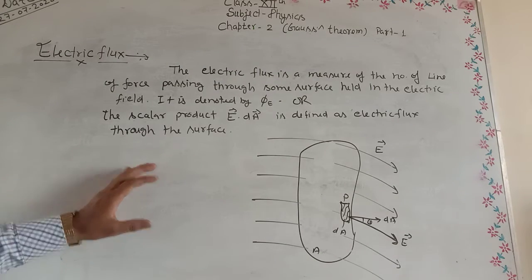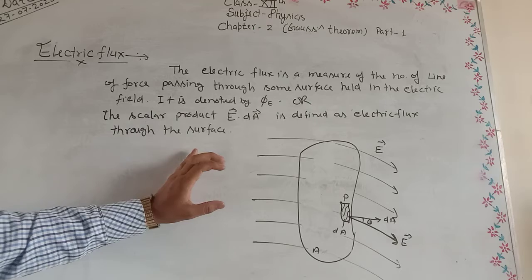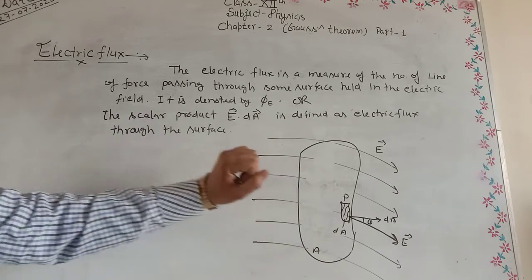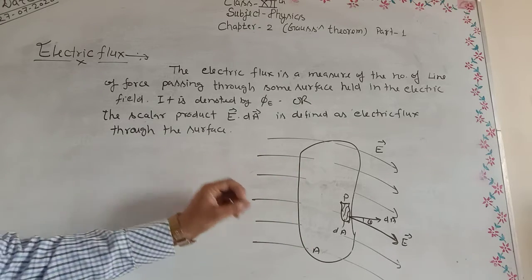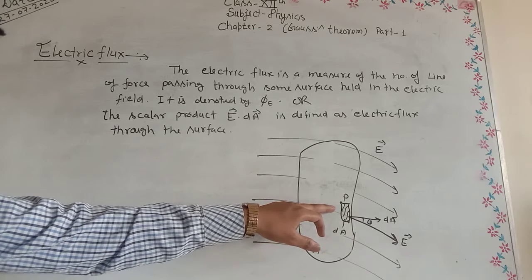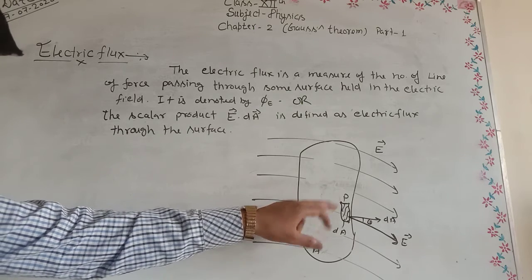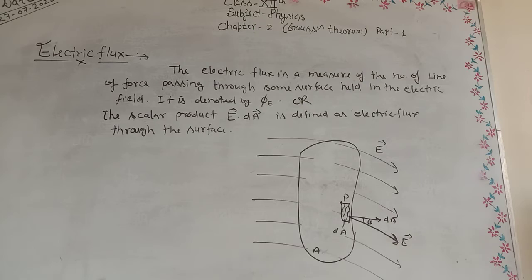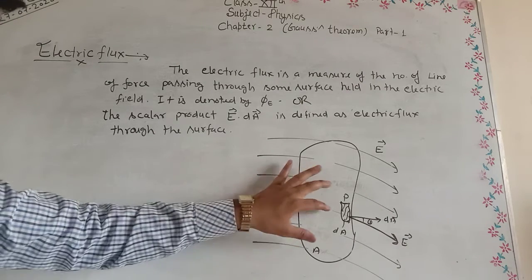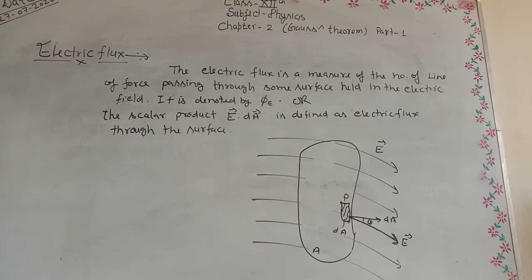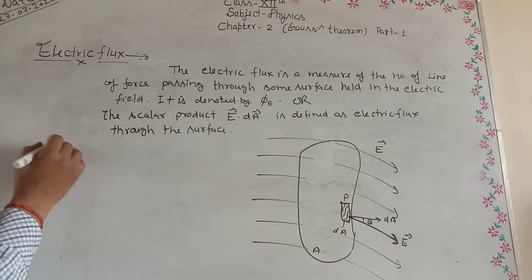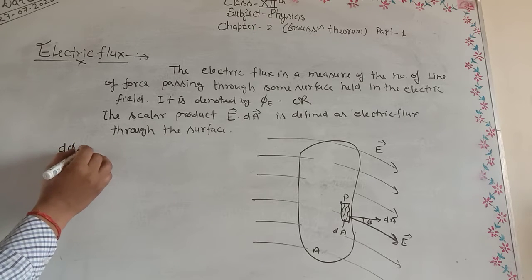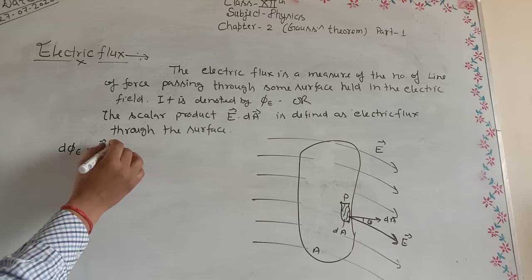Let a surface of area A in the electric field capital E and an element of area dA in the surface, then the electric flux passing through the element, d phi e is equal to E dot dA.